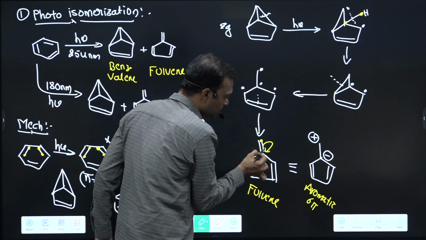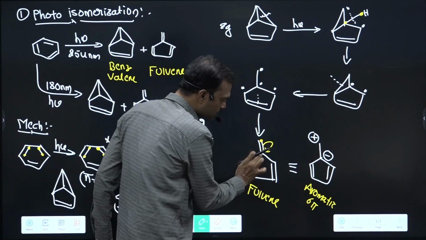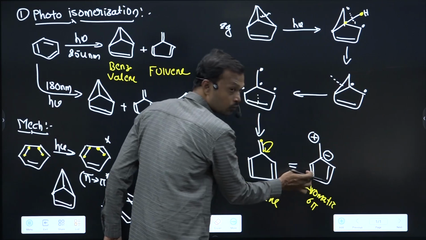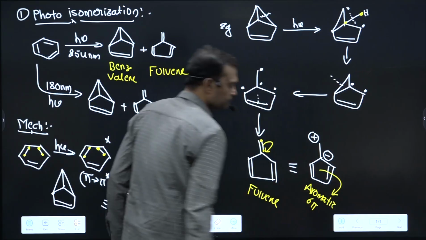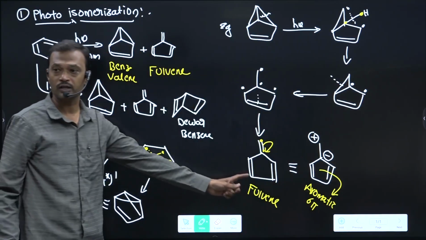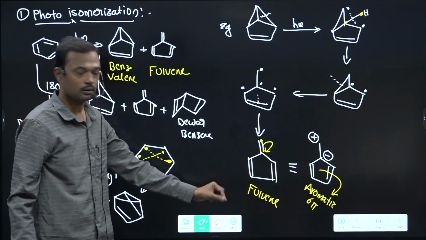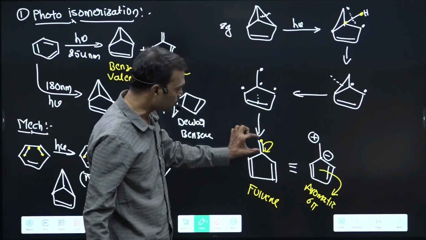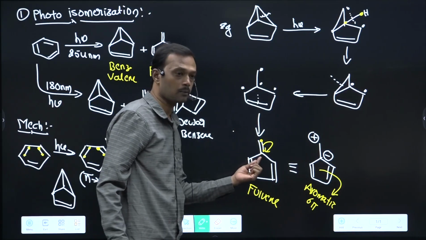Always this outside pi electron tends to migrate to the ring side only. Once they migrate to the ring carbon, the ring carbon carries 2 extra electrons, 2 plus 2 total 4, 4 plus 2, 6. Now the ring becomes aromatic in nature. So when fulvene is given in your exam, fulvene is aromatic in nature. And always remember, this is called the exo double bond. The fulvene exo double bond always tends to migrate its pi electrons to the ring carbon.